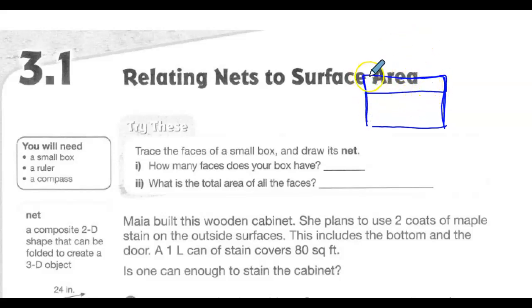And then if we flip it again, it would be back on its top. Then we flip it again, we're on the other side. So that gets us all those longer ones, and then we flip it on its little side, and there's four of those, right?